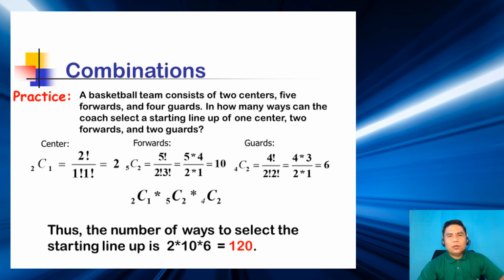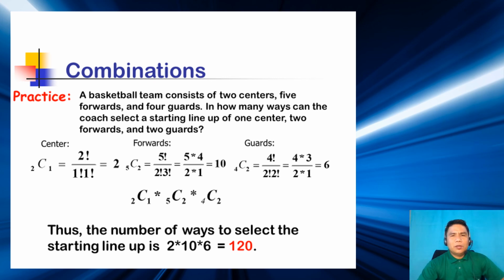For the guards, 4 chosen 2 at a time. So 4 factorial over 2 factorial times 2 factorial. Why 2? Because it's already 4 minus 2. Then you have 4 times 3 over 2 times 1. Why 2 times 1 only? Because the other 2 times 1 is cancelled out due to the numerator 4 times 3 times 2 times 1. One pair of 2 and one pair of 1 cancelled out.